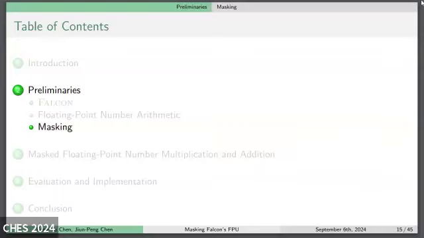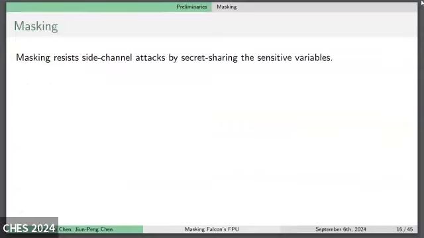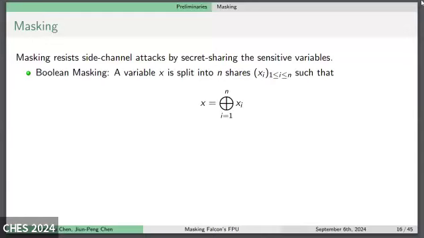Now, the last topic, masking. I'm sure you're all familiar with that, but let me just briefly recall it. Masking is an effective way to resist side-channel attacks, and its main idea is to secret share all the secret variables. There are two common types of masking. The first one is Boolean masking, where a variable x is split into n shares, x1, x2 to xn, such that the original x is the XOR of all the xi shares.